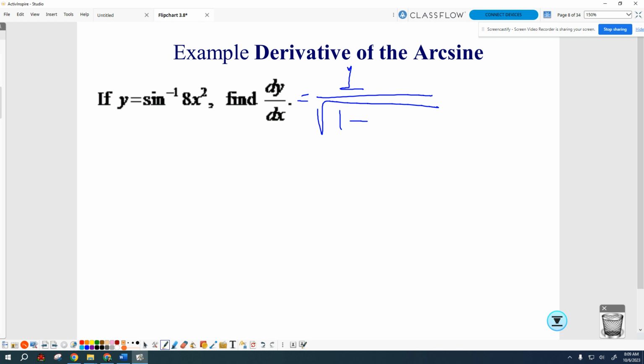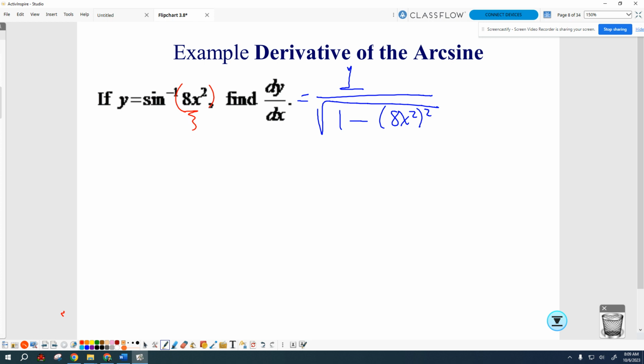Would it be 1 minus the quantity 8x squared? And then there was that gross du dx next to it. What is that? Chain rule. What's the derivative of that?